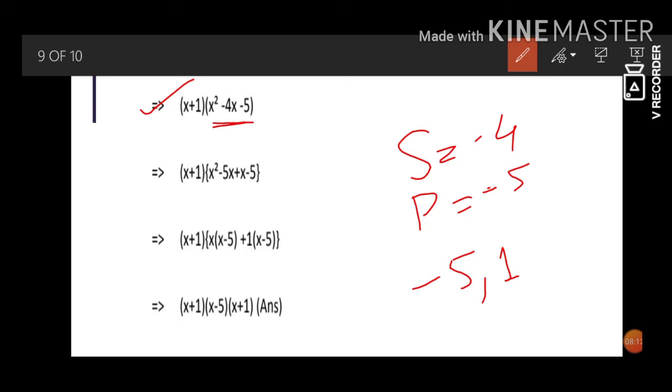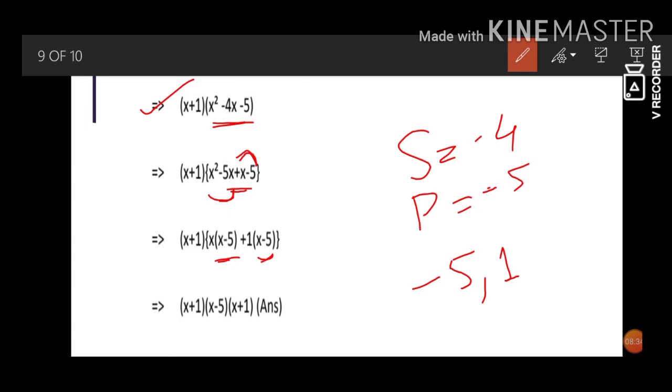So we can split the middle term and write it as minus 5x plus x. From the first two terms we take x as common and write x into x minus 5, and from the last two terms we take plus 1 common, so plus 1 into x minus 5.